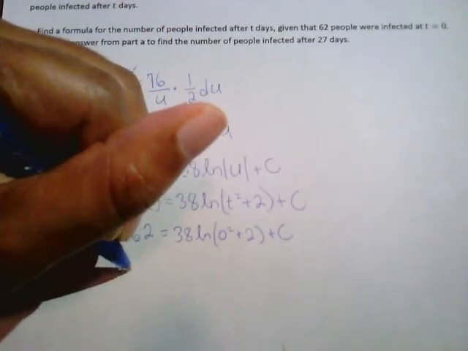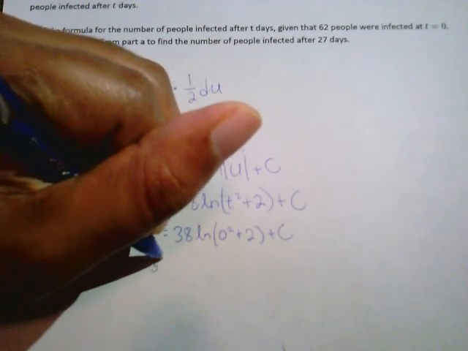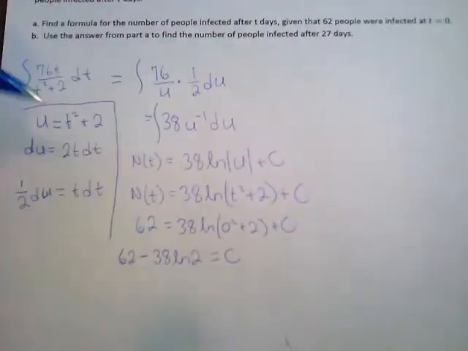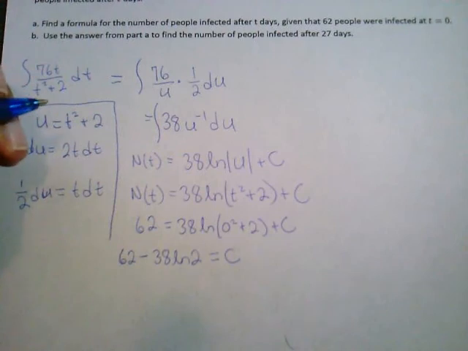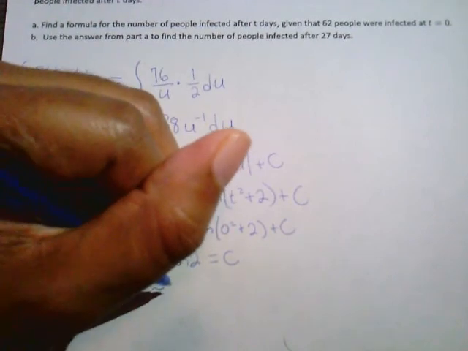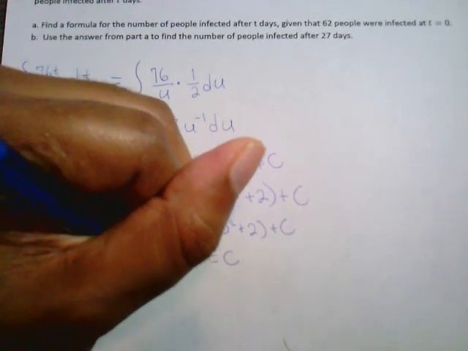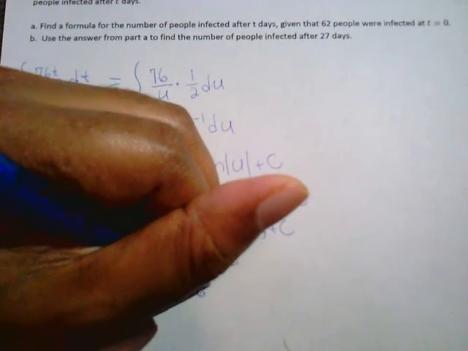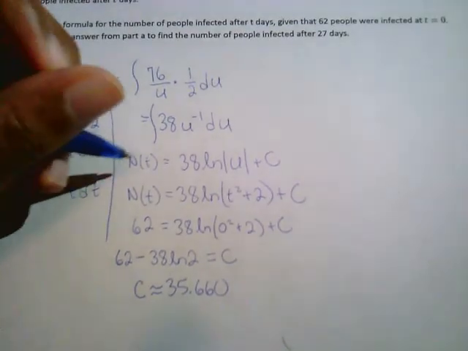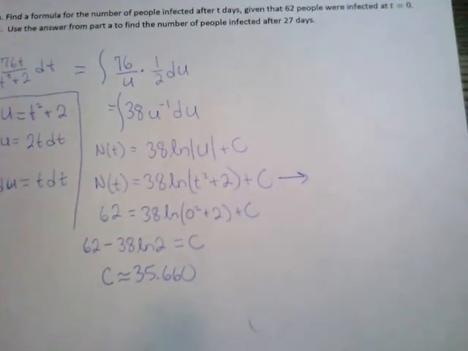So 62 minus 38 ln of 2 equals c. And we'll go ahead and punch that in. We end up getting c is approximately going to be 35.660.